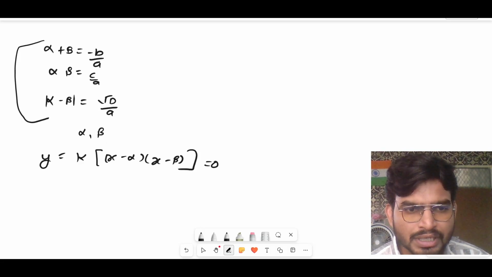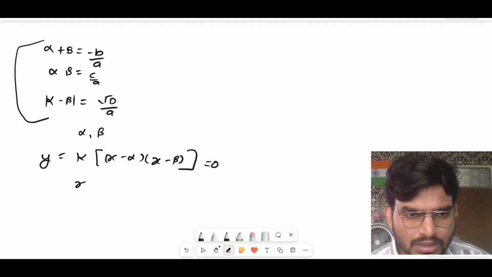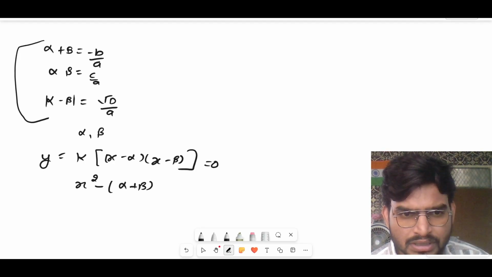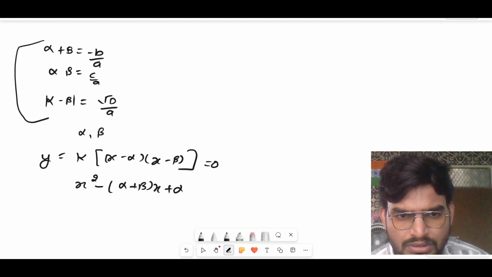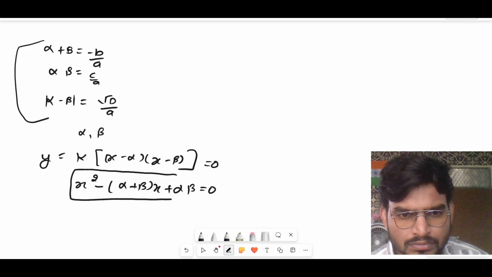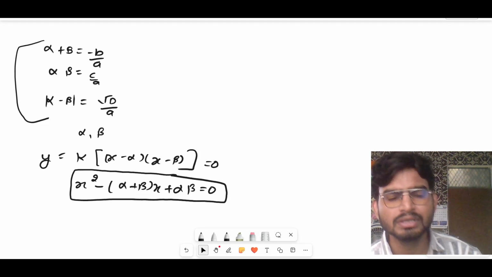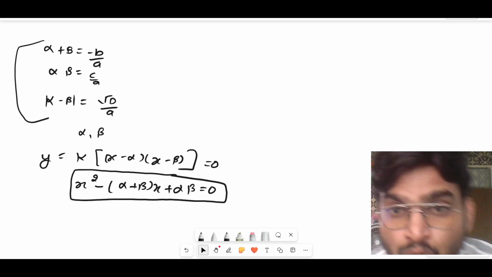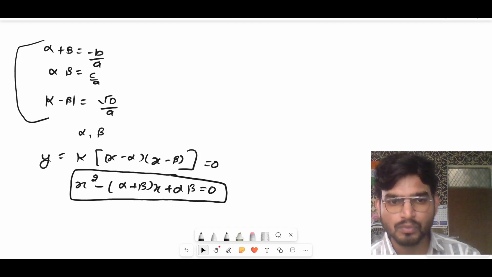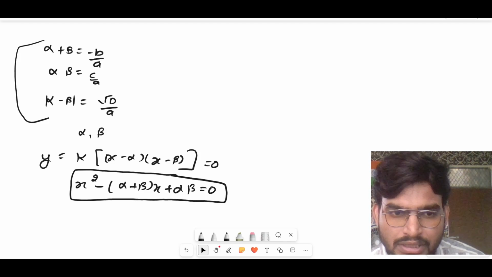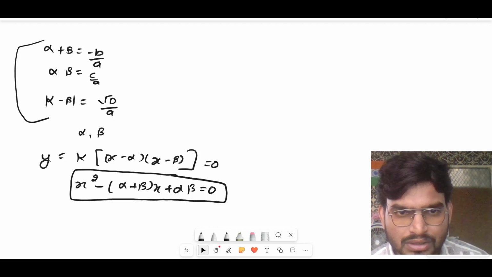Or we can also write x square minus alpha plus beta into x plus alpha into beta equals 0. So if we have the roots of the equation and we want to find the equation, then we can use this formula.